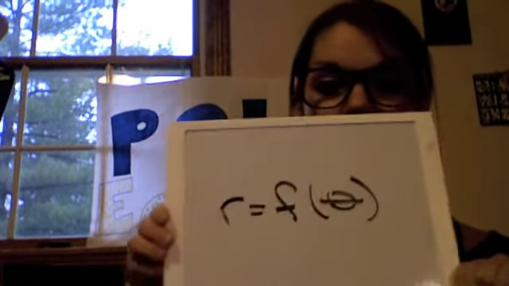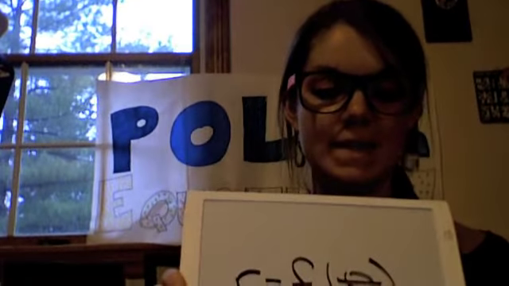So the idea of this video is to help you remember what polar equations look like when they are graphed. The most elementary way to graph the equation r equals f of theta in polar coordinates is to plot the points. The idea is to choose some typical values of theta from 0 to 2 pi, like pi over 2 and pi over 4.